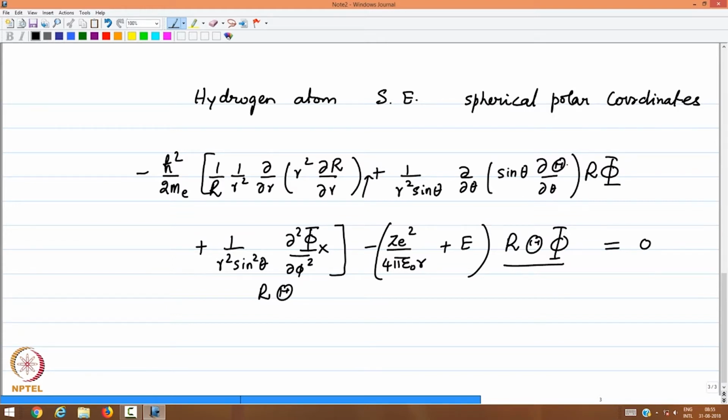This is a theta function, theta cannot be cancelled from here. Therefore, you will have a 1 by theta, and then you had the third term without these, but with a 1 by phi. And of course, when you did that, all of this went away, okay, is equal to 0.